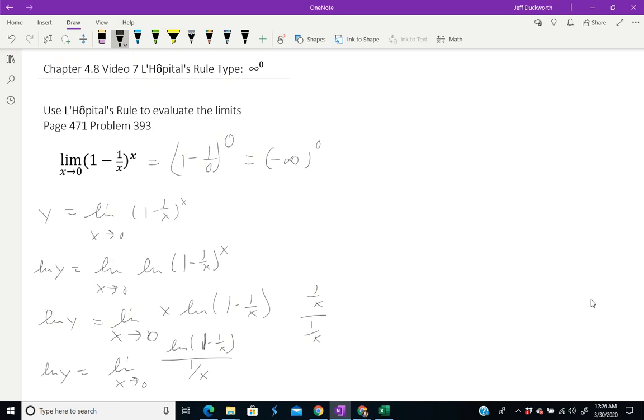All right, so let's move over here. So I leave ln of y alone. I can now use L'Hopital's rule.